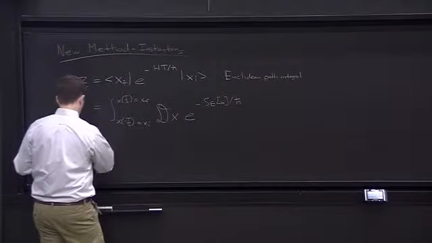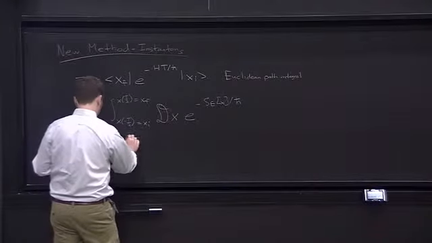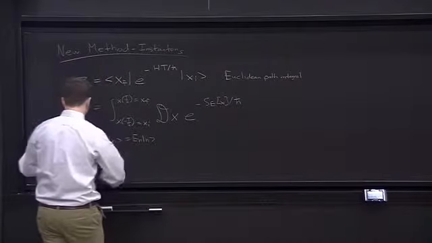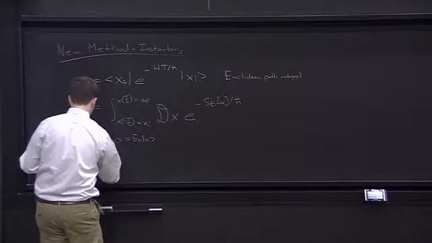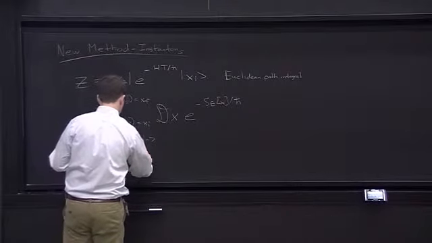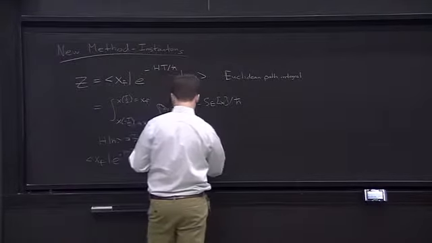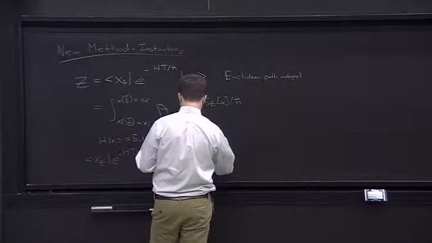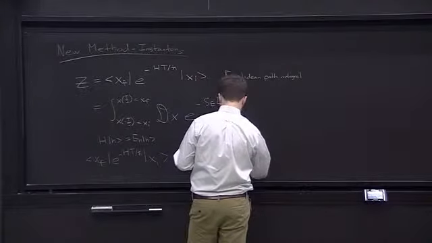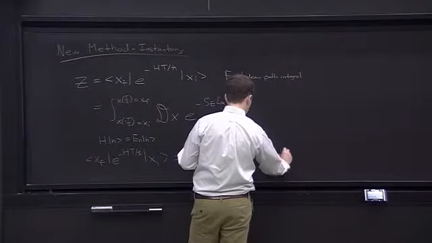Call the energy eigenstates n, say they have energy En. If we insert a complete set of states, we get that the matrix element of xf, e to the minus HT over h bar, xi is the sum of e to the minus En T over h bar, times xf n, n xi.